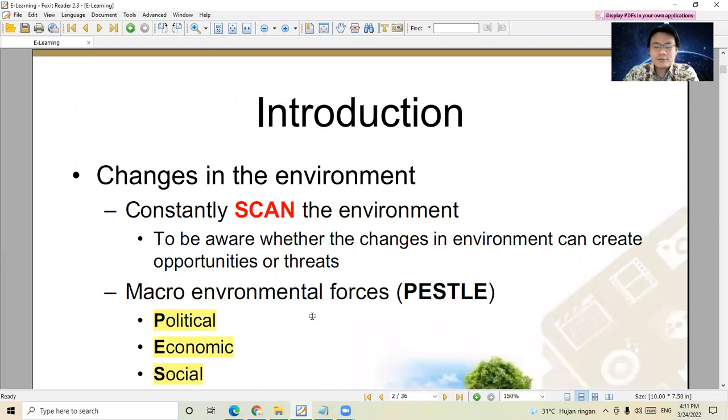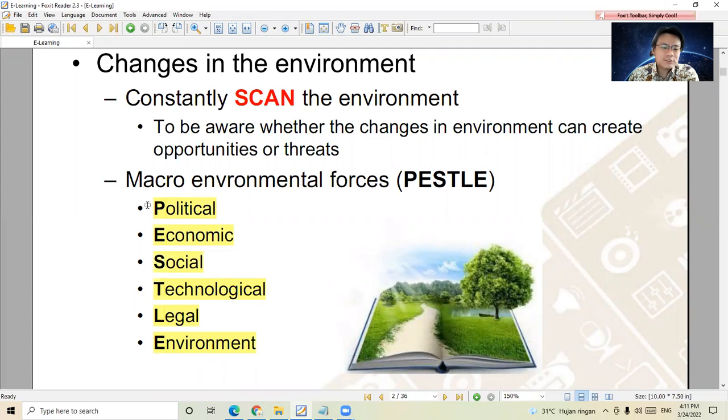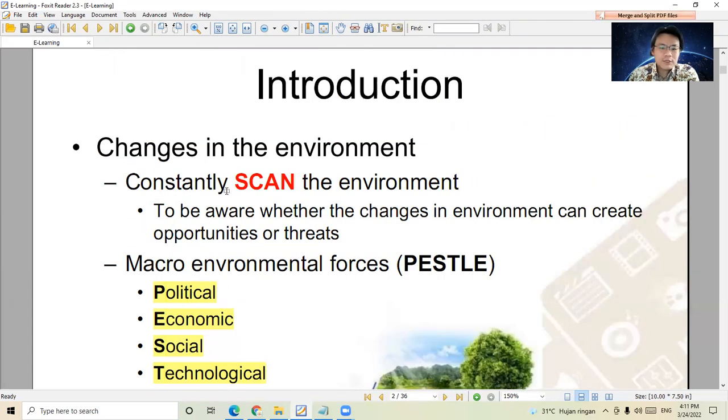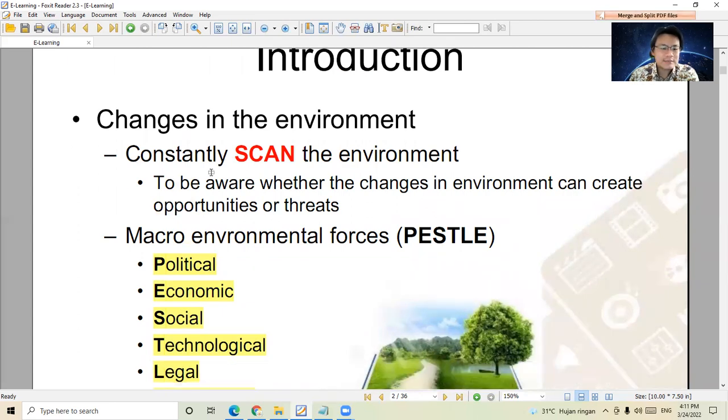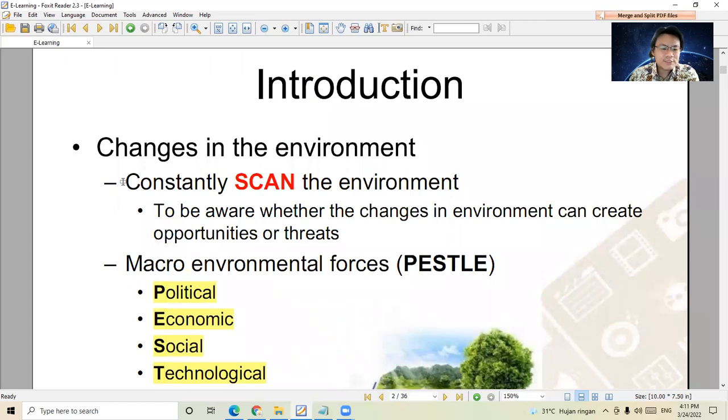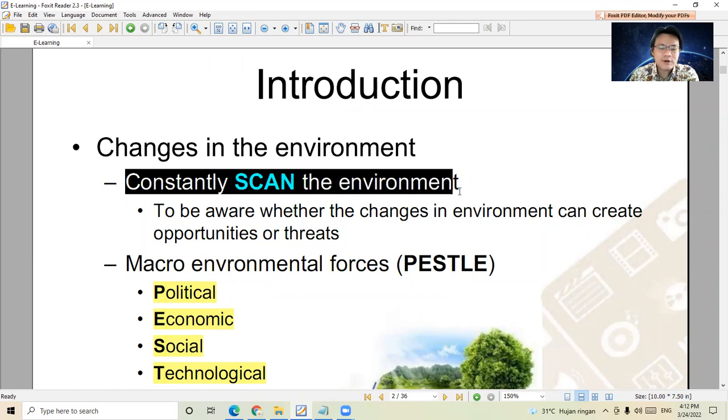So we as digital marketers have to constantly scan the environment. We have to know what actually happened in the environment, especially with regard to these 6 forces. So we call it environmental scanning. As we can see from this slide, we have to constantly scan the environment.